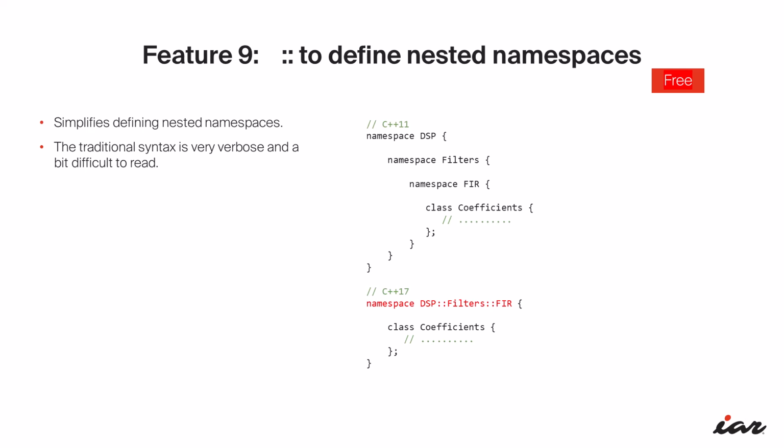So if you want to do a namespace that is DSP filters, FIR, and a coefficients class, then you have to write it in this kind of indented, hierarchical, a bit clumsy way, whereas in C++ 17 you just write DSP::filters::FIR, and then you can define your coefficient class within this namespace. So a very convenient way of defining namespaces. It's of course free, since this is a compile time feature.